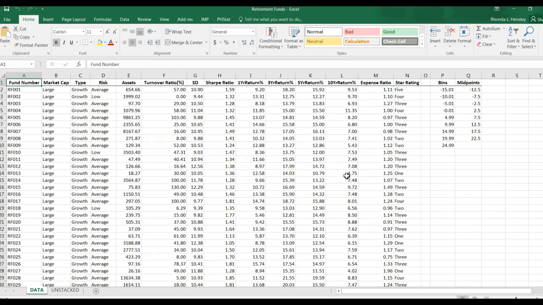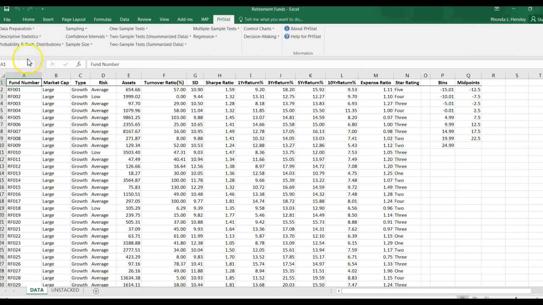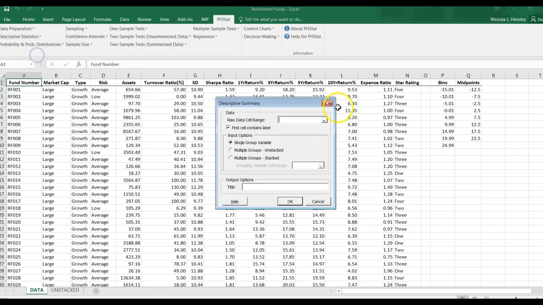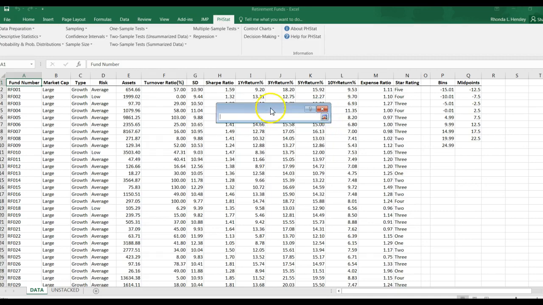It's a big, huge file with a lot of information in it. So in the book, he talks about looking at the descriptive statistics for a data set that we're interested in, of variables. In our case, what we're interested in is the 1-year returns. To assess that, the easiest thing again is to go to PHStat, look at descriptive statistics and descriptive summary, just like you did last week or a few weeks before, and put in the range of your data.